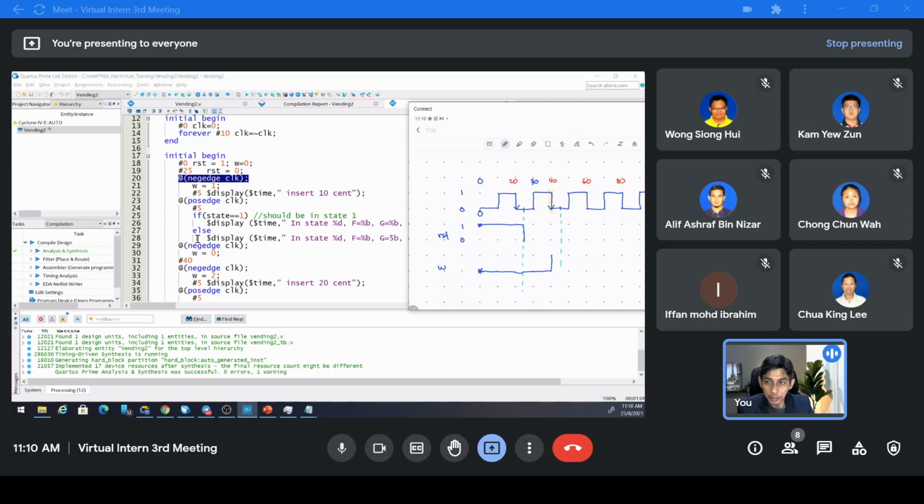And we want to check the output. If W equal to 1, yes, of course, W equal to 1 means that this is the input, right?